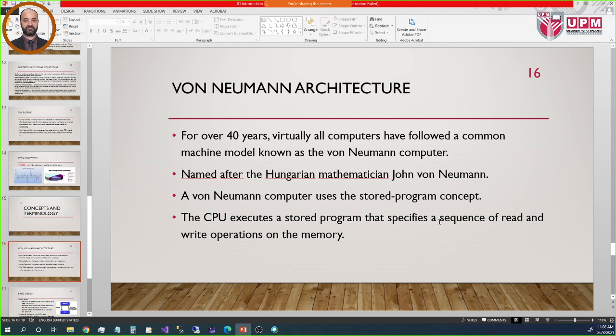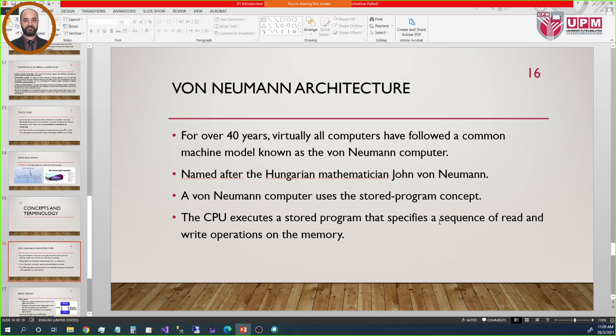The CPU executes a stored program that specifies a sequence of read and write operations on the memory. So based on this concept, the program is going to be saved in the memory, and the program is only a group or a set of instructions that should deal with the data that's also saved in the memory.